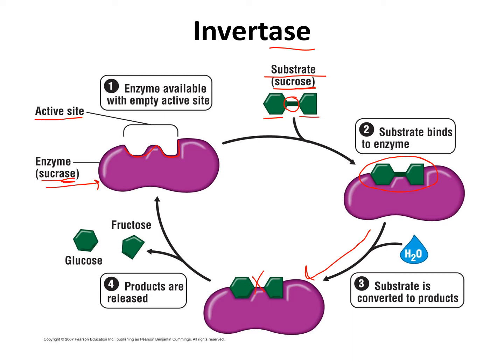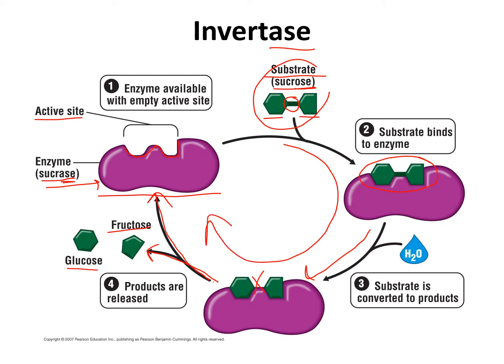So then it is converting the substrate, or the reactants, into the products, and those products are the two monosaccharides, glucose and fructose. And then the enzyme, of course, is not changed in any way during the reaction. So once it is done catalyzing the reaction, it is ready to go again. So if there is more sucrose present, then the process will repeat itself.